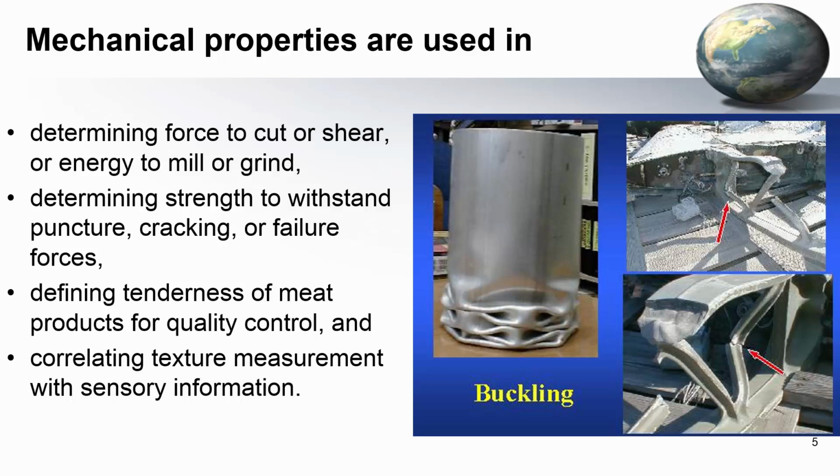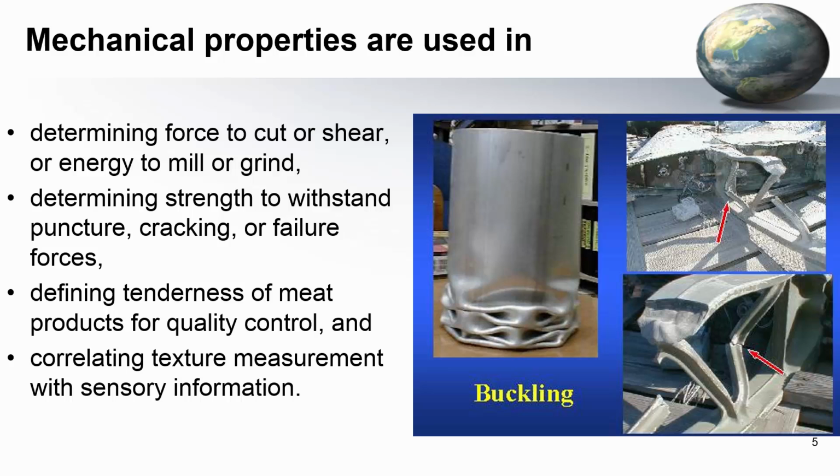So the mechanical properties are used in determining how much force is required to cut or shear, how much energy is required to mill or grind, let's say, corn into corn flour, or the strength to withstand a certain amount of force.